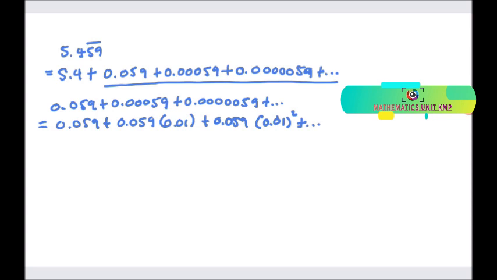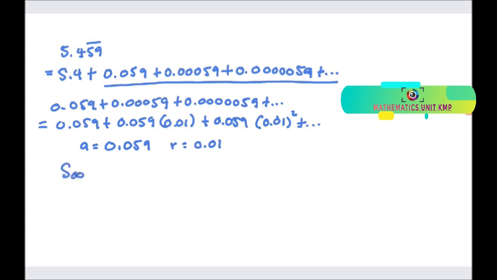And the information we get here: a, the first term, equal to 0.059 and common ratio r equal to 0.01.